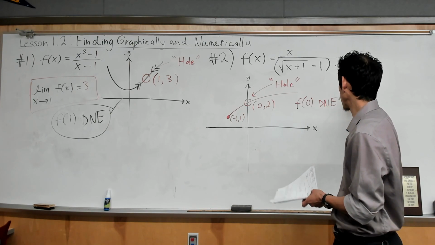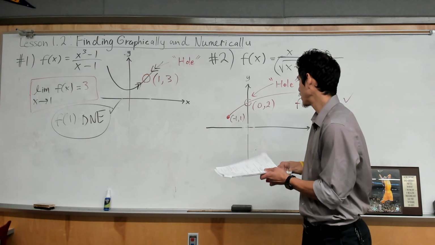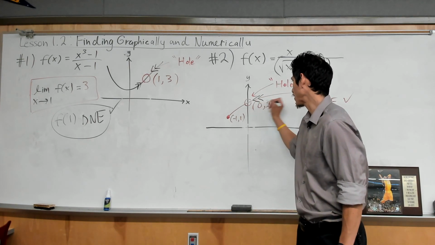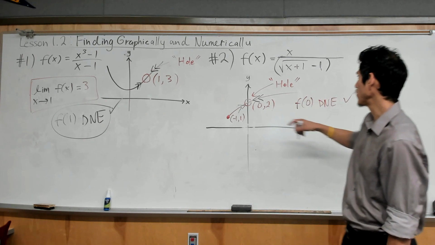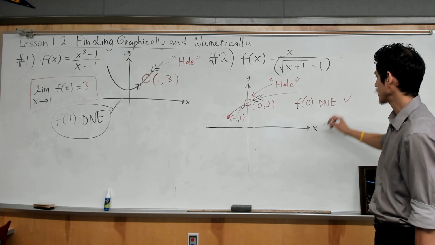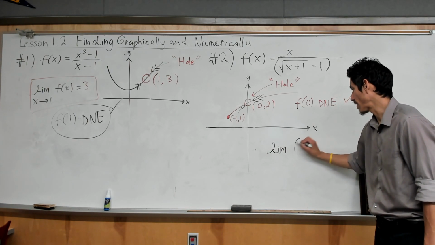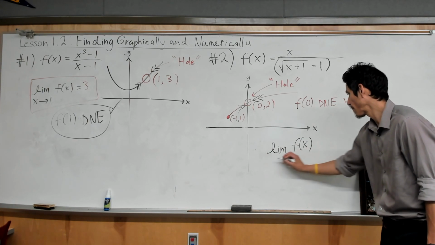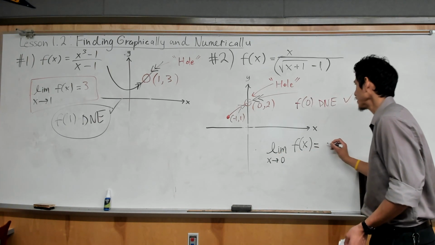This is true, but the limit exists, because as we approach 0 from either side, from the right or from the left, we have the value 2. So we can write that the limit of f of x as x approaches 0 is equal to 2.